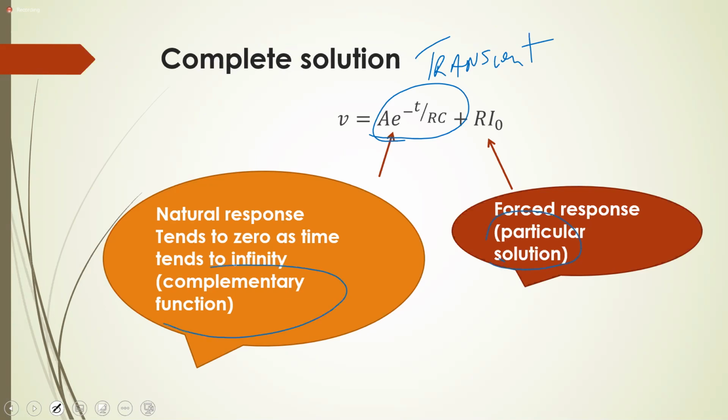So we have the transient, which comes from our complementary function, and the forced response. So we can call this the natural response, and over here we have the forced response. And this is the complete solution for V. So V would have a transient and a steady state.